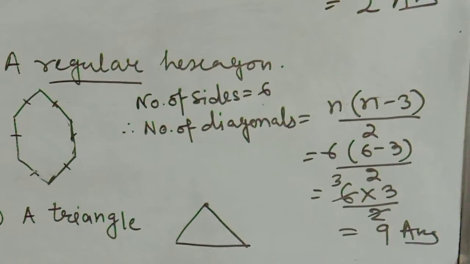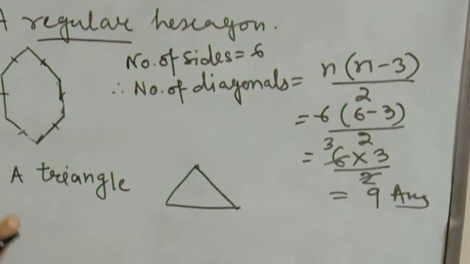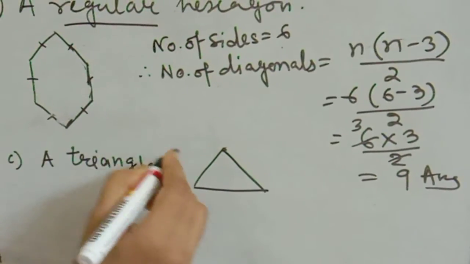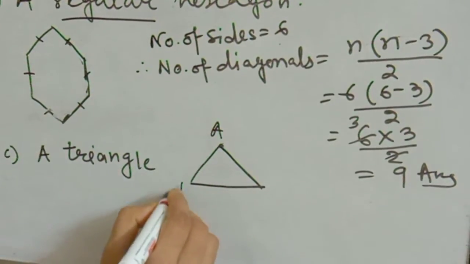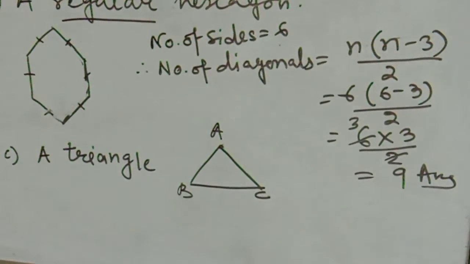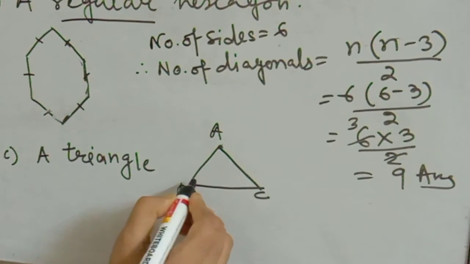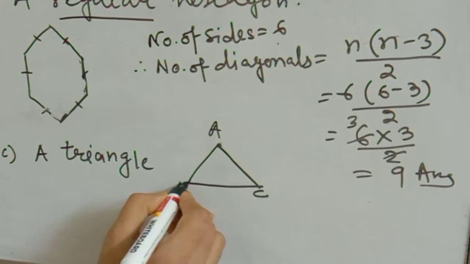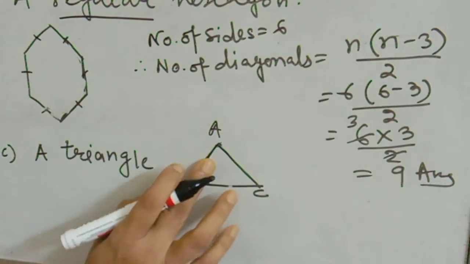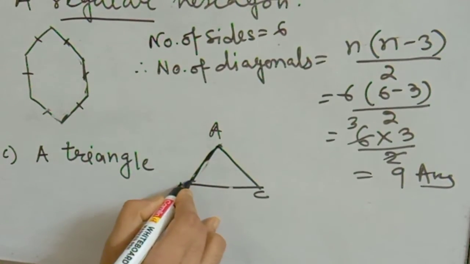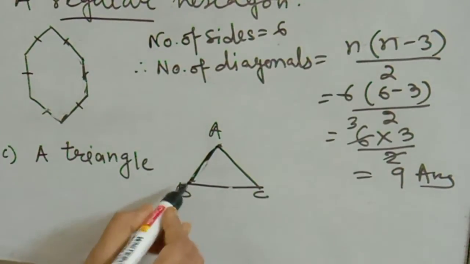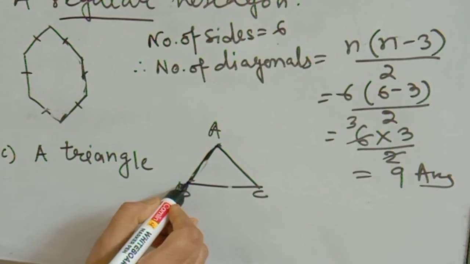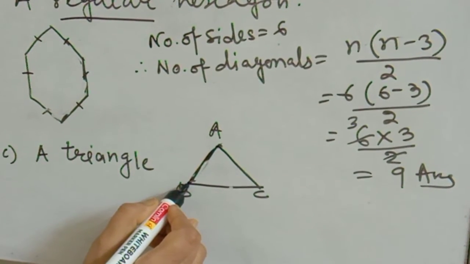Now take a triangle, say ABC is a triangle. According to the rule for drawing a diagonal, you know that we have to draw the line segment between non-consecutive vertices.